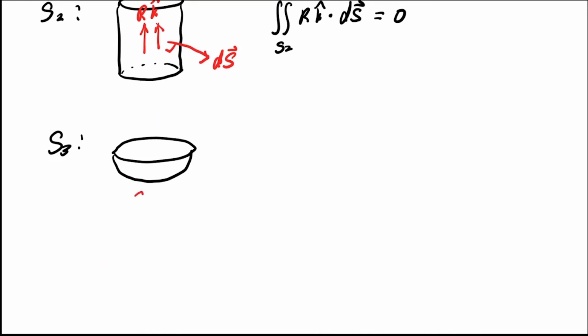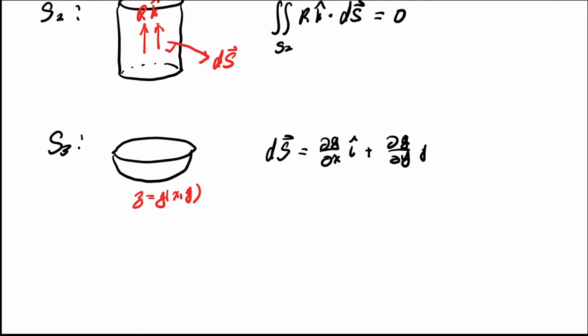This function, remember, was z equals g of x and y. You want me to set up dS one more time? Do you get the feeling that this dS will be in the opposite direction? So partial g, partial x, i vector plus partial g, partial y, j vector, and then minus k vector.